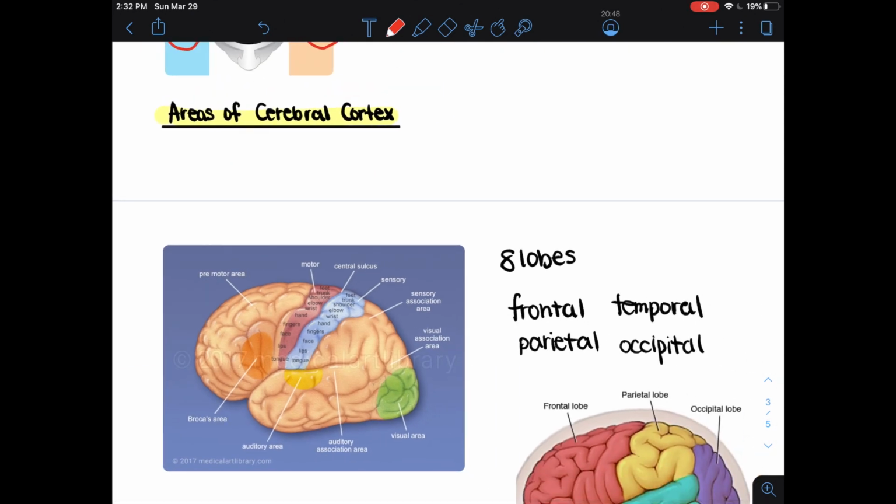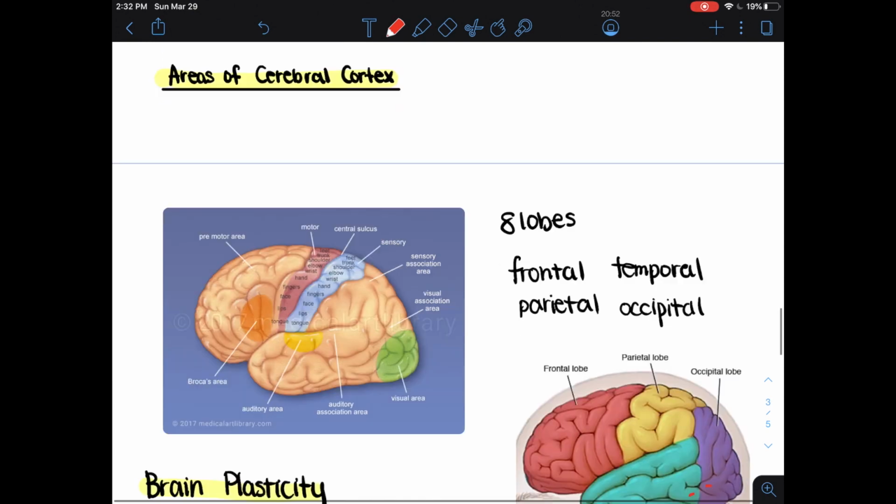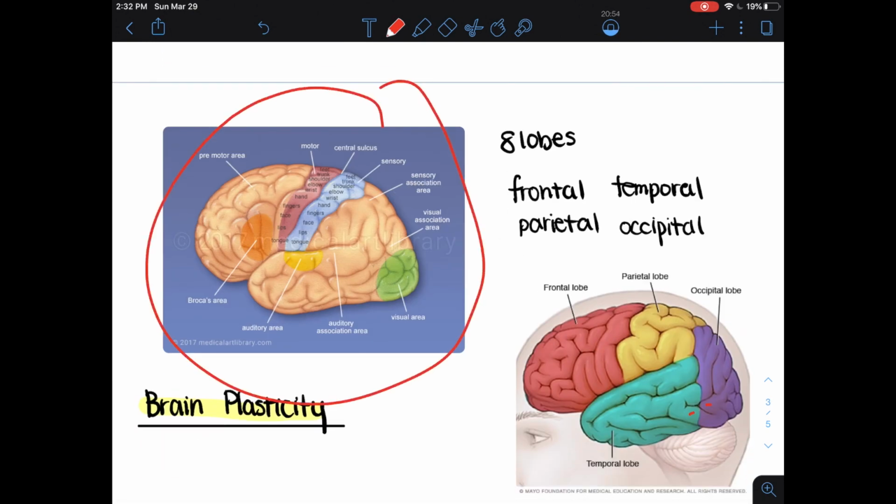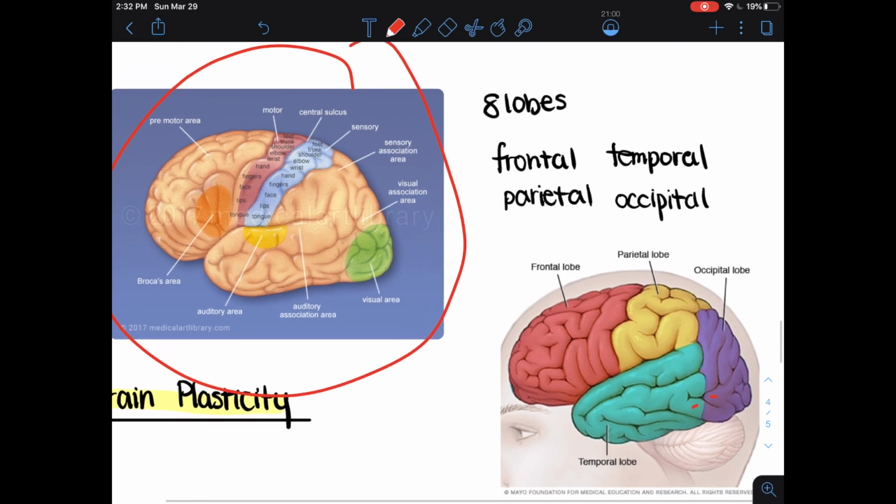So the areas of the cerebral cortex, we have 8 lobes, 4 on each hemisphere. So this is one hemisphere, and you have four lobes. You have frontal, temporal, parietal, and occipital lobe. So firstly, on to your frontal lobe. Your frontal lobe is the lobe that's right behind your eyes.